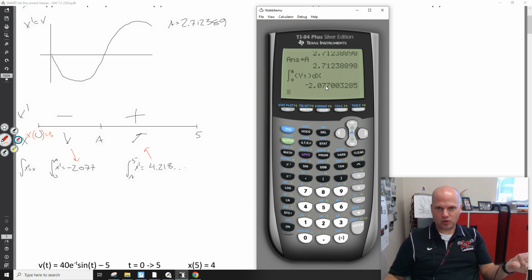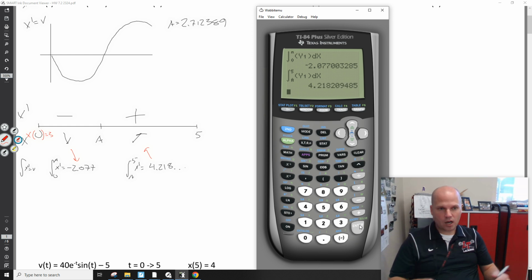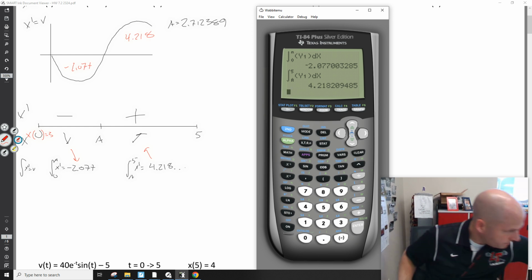And you'll get this negative 2.077, which we found. You can reselect and go from A to 5, and we're going to get that 4.218, which we saw. If you want to write it in here so it makes sense, great.